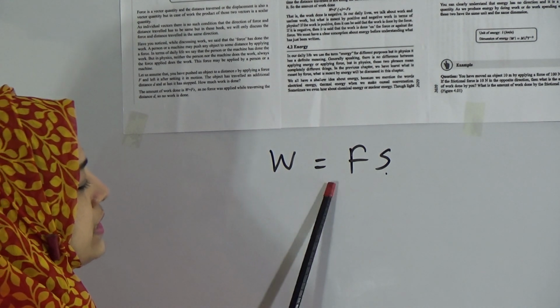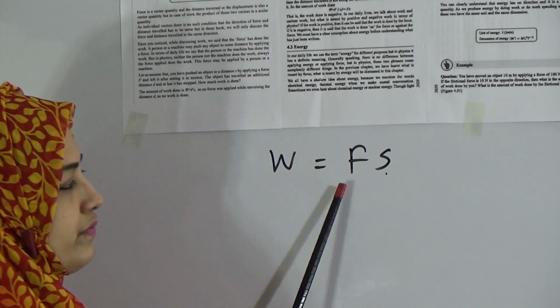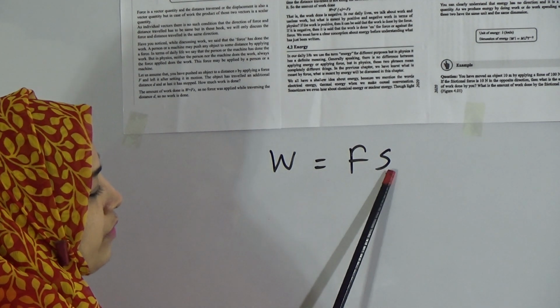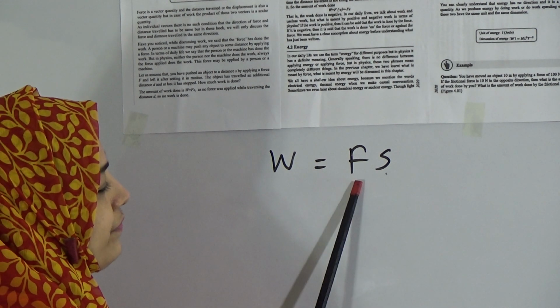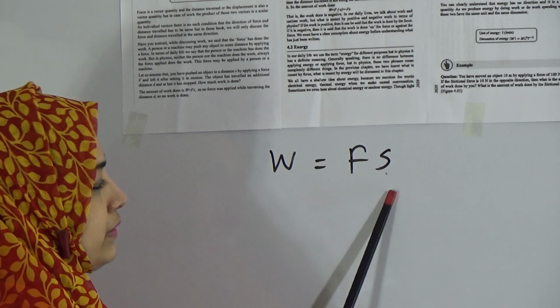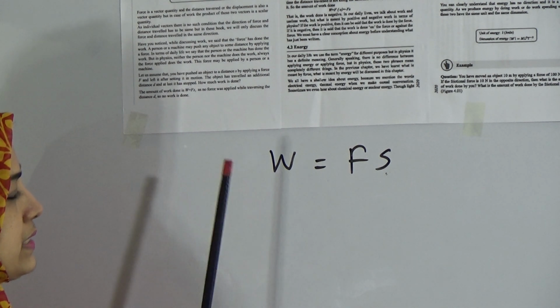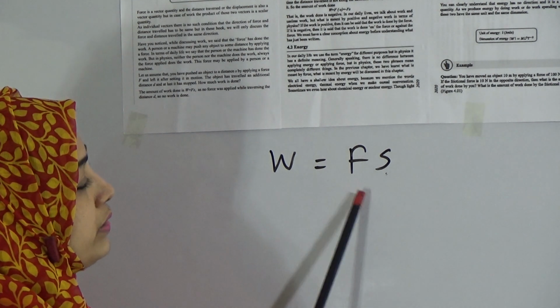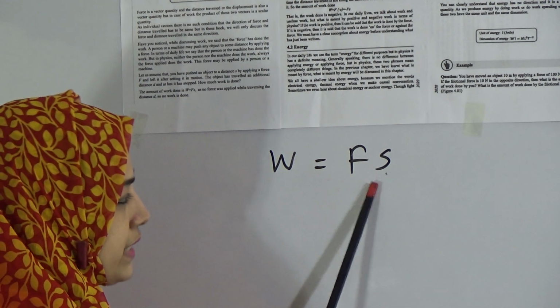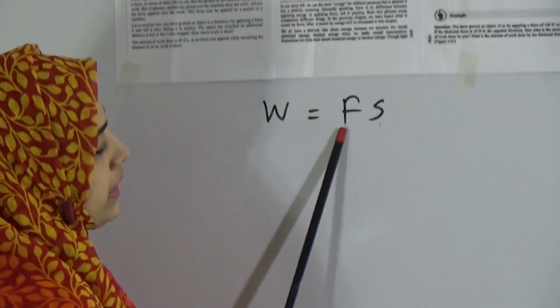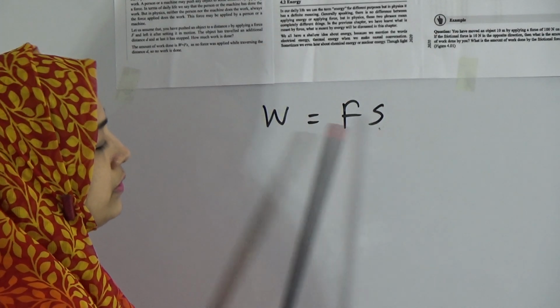If force F is applied on an object and the displacement of that object is towards F, the product of them is called work. My dear students, I am repeating this definition again. The product of applied force on an object and the displacement of that object towards the force is called work.